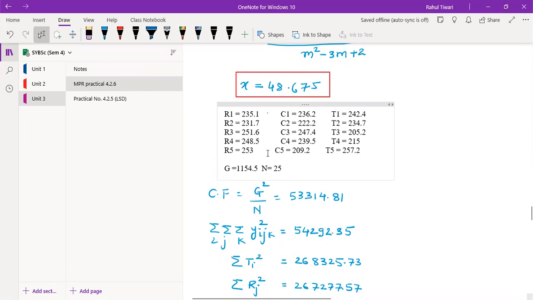Similarly, you can take the column total also. The column total is 65.6, 238.1.